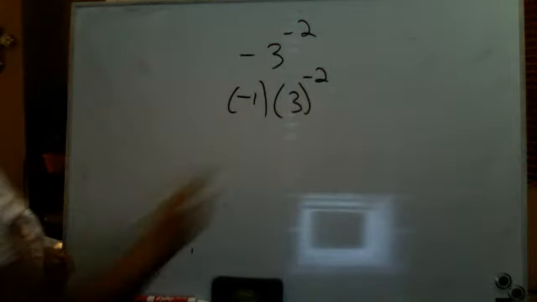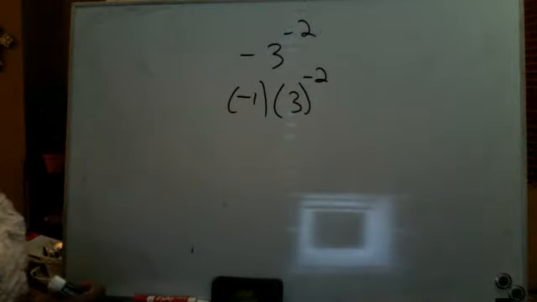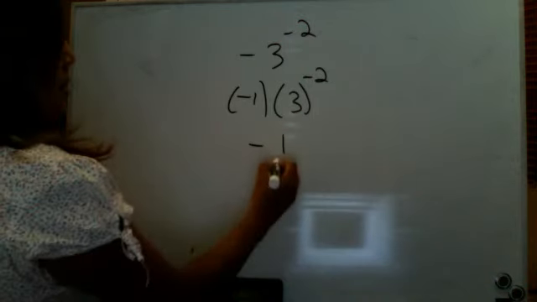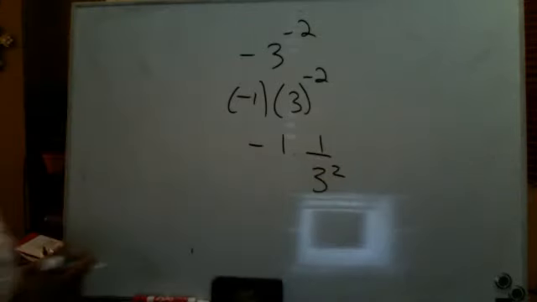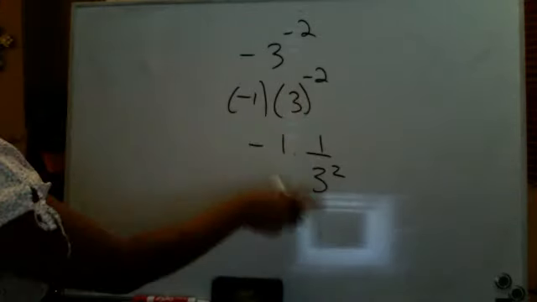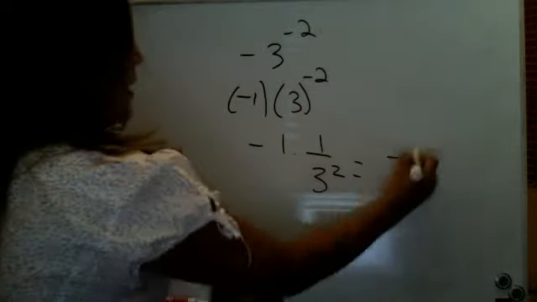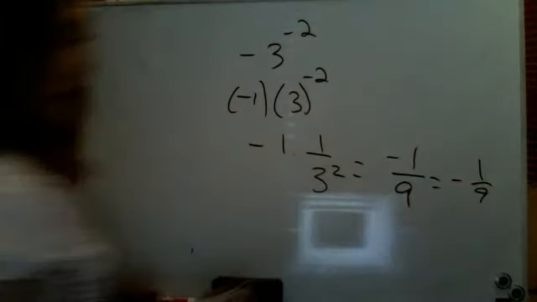So, how do we get rid of that negative exponent? We do its reciprocal. What is 3? 3 is 3 over 1. The reciprocal of that is 1/3. So you have negative 1 times 1 over 3 squared. Because we did the reciprocal, the exponent now becomes positive, and we can simply say negative 1 over 9, or simply negative 1/9.